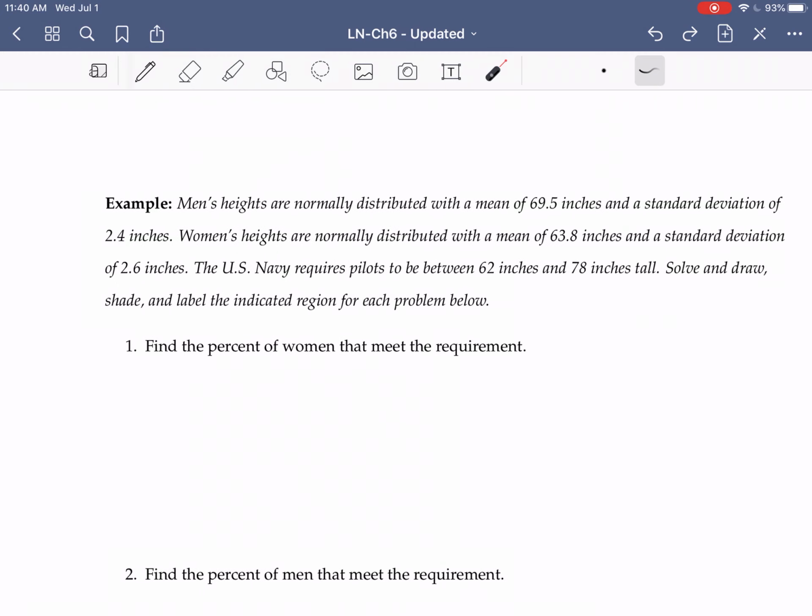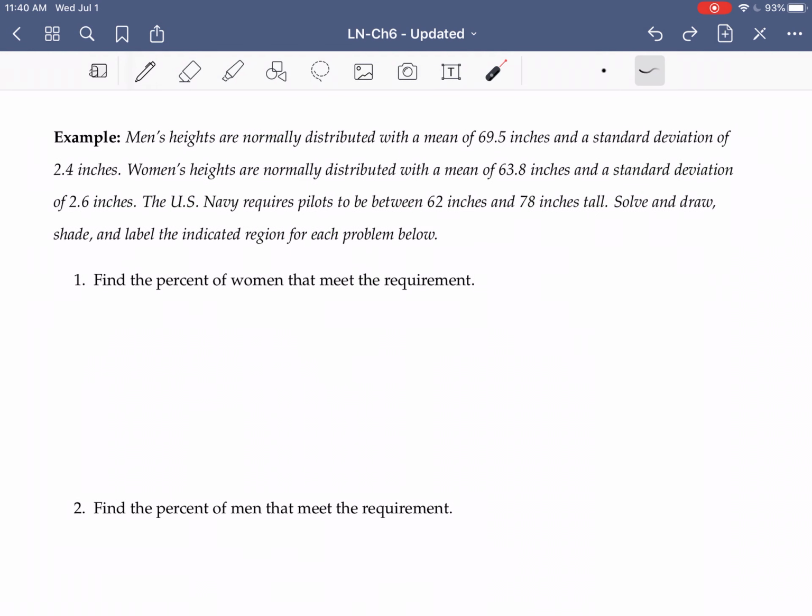So here we have our example. Men's heights are normally distributed with a mean of 69.5 inches and a standard deviation of 2.4 inches. So for men's heights, we know the mean is 69.5. We know standard deviation is 2.4. How do we know it's a normal distribution? Because it says it in the problem, right? So it's normally distributed.